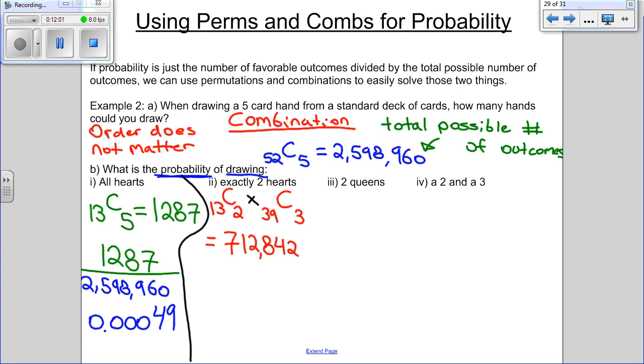Now what's the probability of getting that? Now you divide by the total number of outcomes. So the probability of that actually happening is 712,842 divided by 2,598,960.